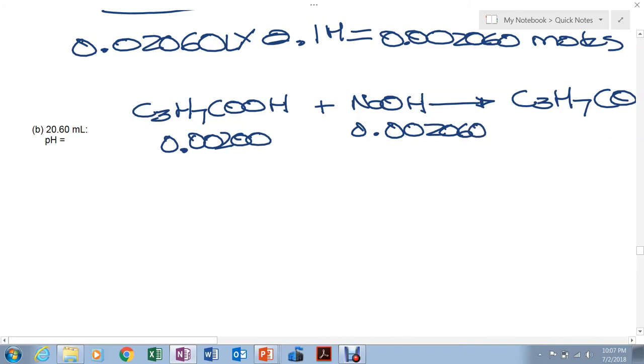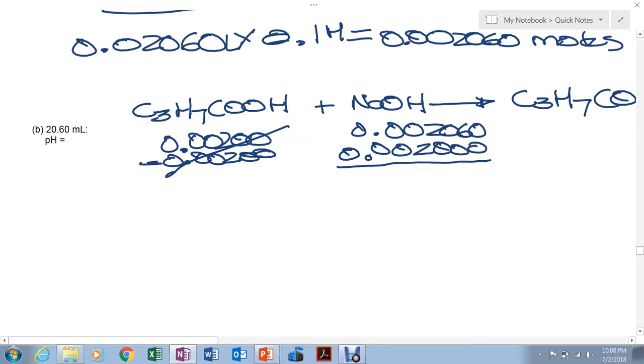It's just a little bit, but this is higher. So now you went over the equivalence point. This is going to be the limiting reactant, 0.00200. This is 0, so you're going to have a little bit more of base, 0.000060 moles of NaOH.